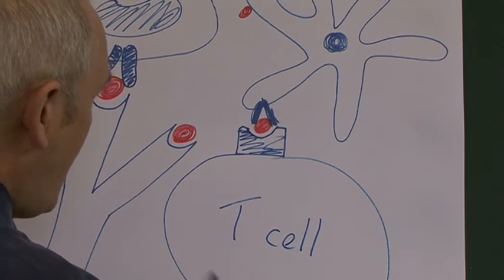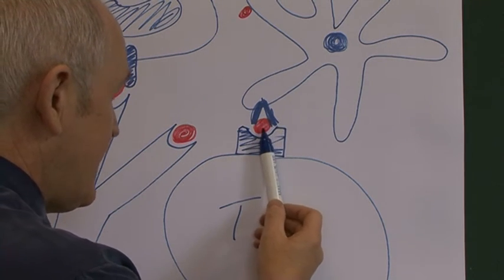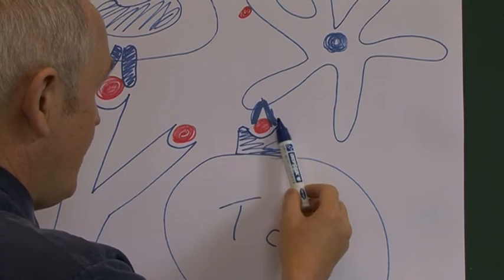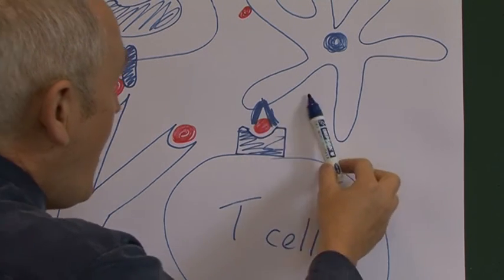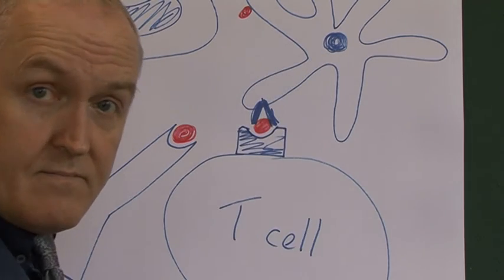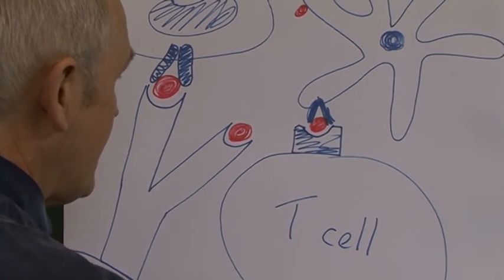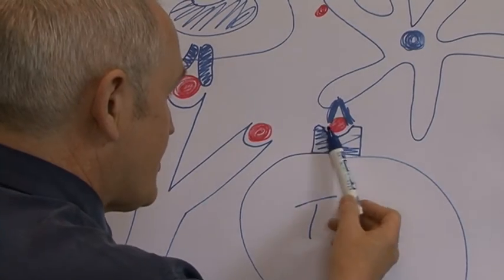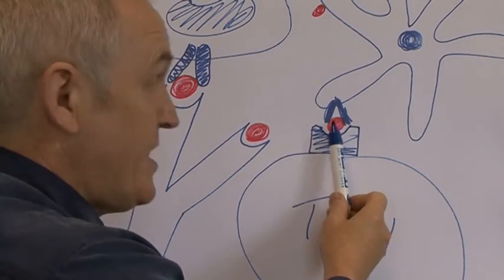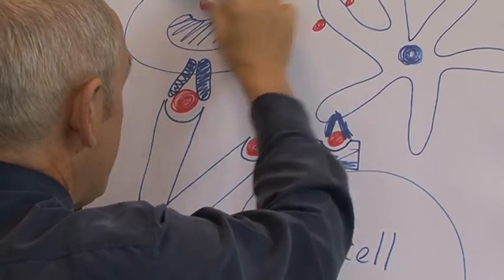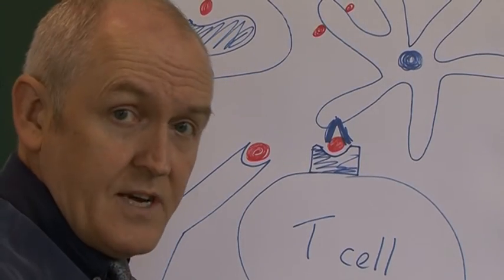The T cell will only recognise antigen in combination with major histocompatibility complex proteins on the surface of an antigen presenting cell, an APC. So the T cell can be activated in response to a combination of MHC and antigen on the surface of a dendritic cell, or indeed another APC such as a macrophage.